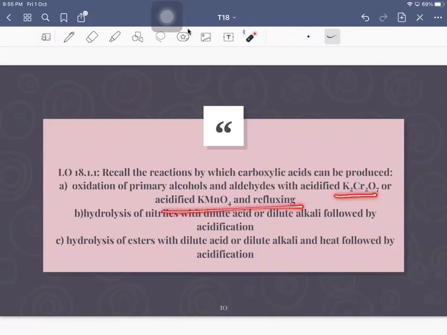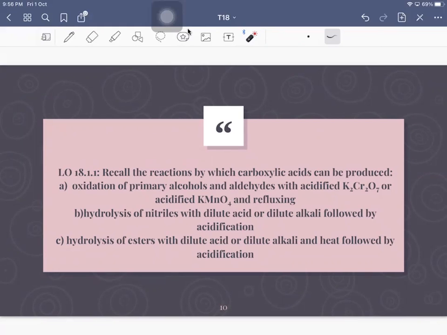Part B is hydrolysis of nitriles with dilute acid. I think this is probably something new for you. It's converting your nitriles into a carboxylic acid. C is hydrolysis of esters. You've not met this officially in AS level, but I think you've seen this before in O level.